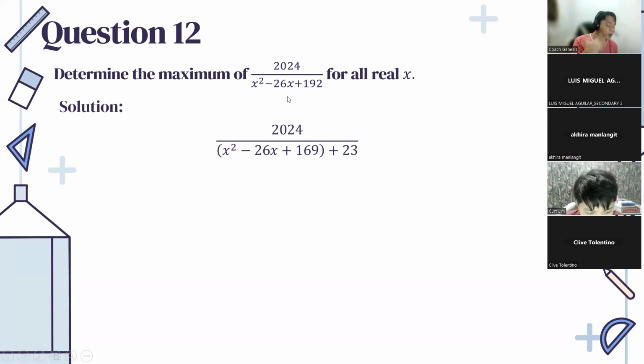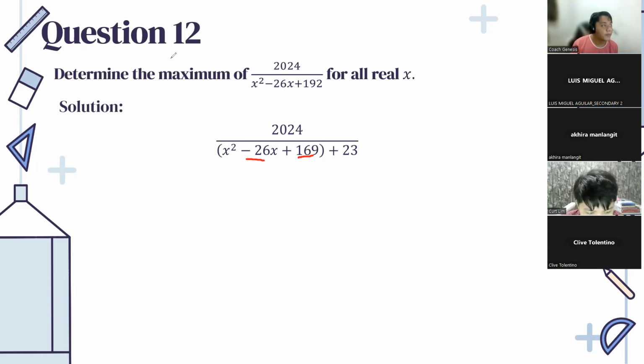You can use the formula c minus b squared over 4a, or you can just use completing the square. So if you have here x squared minus 26x plus 169 plus 23. The way we got this is we divided negative 26 by 2. That will give us negative 13. Negative 13 squared will give us 169.